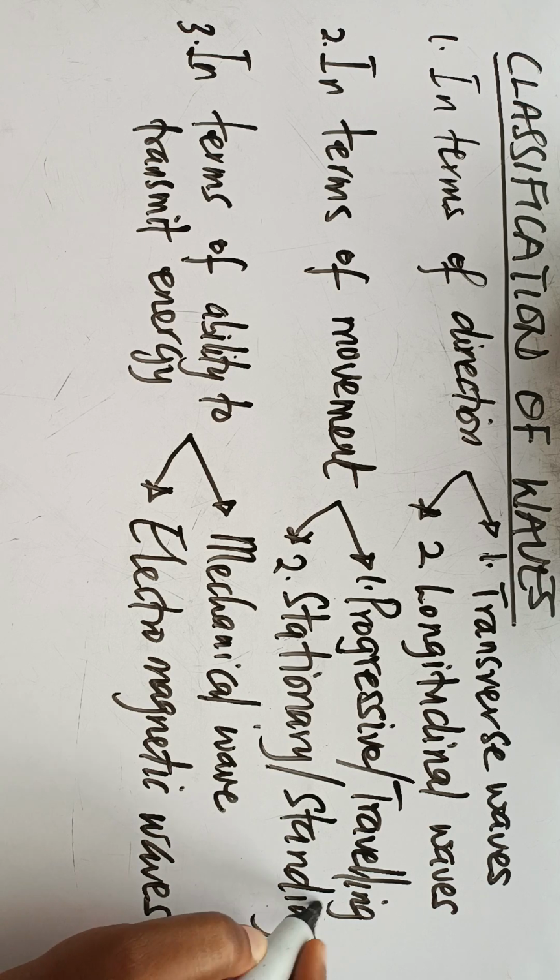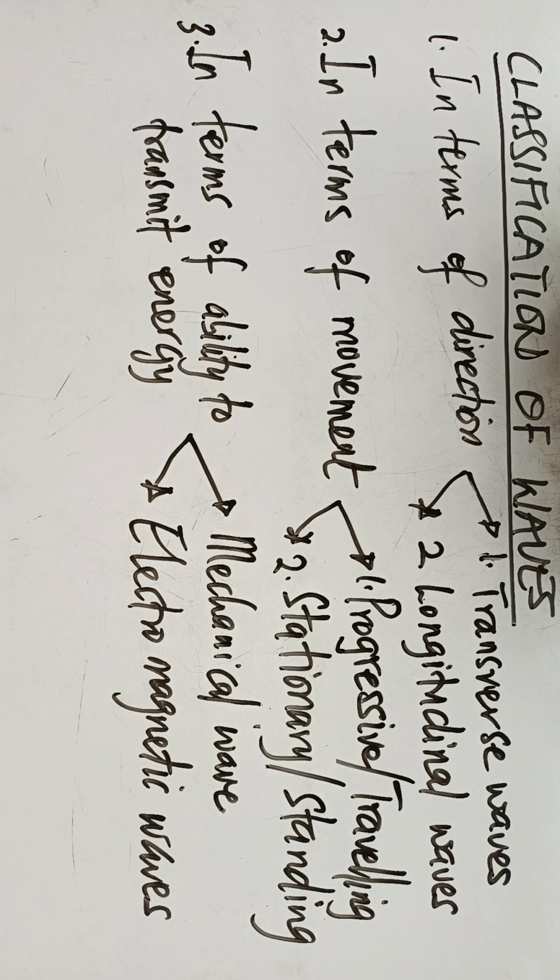So basically, this is what we are saying. In terms of direction, waves can be classified into two: transverse waves and longitudinal waves. In terms of movement, waves can be classified into progressive or traveling waves and stationary or standing waves.